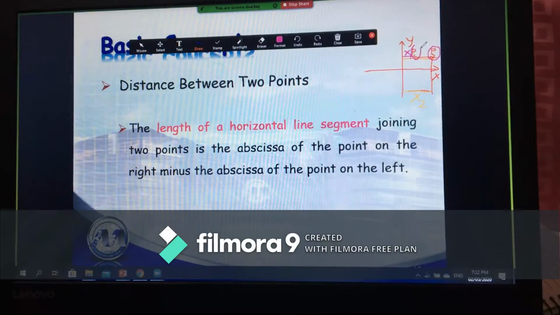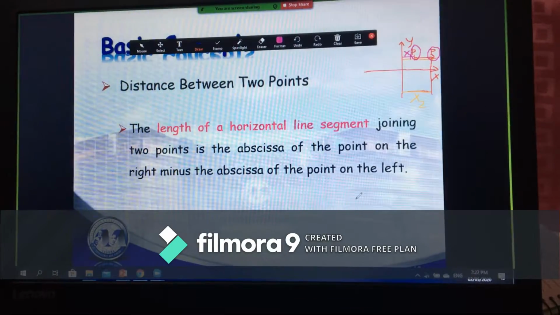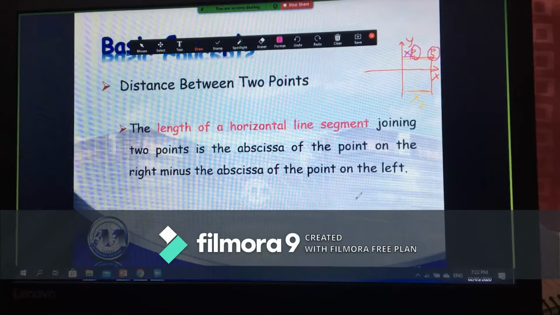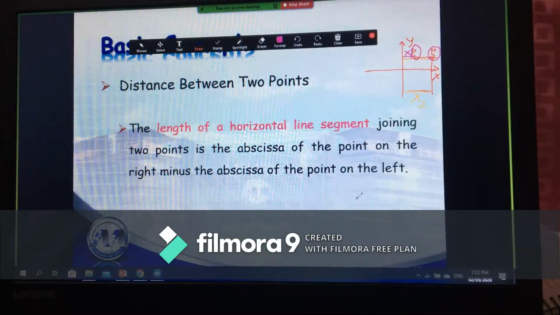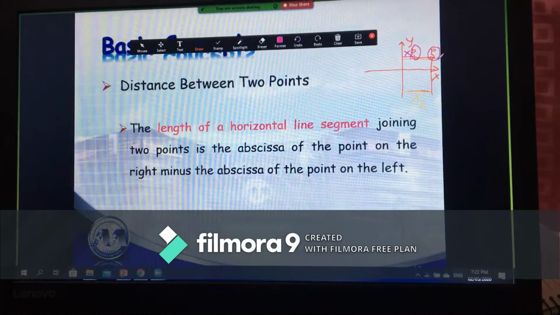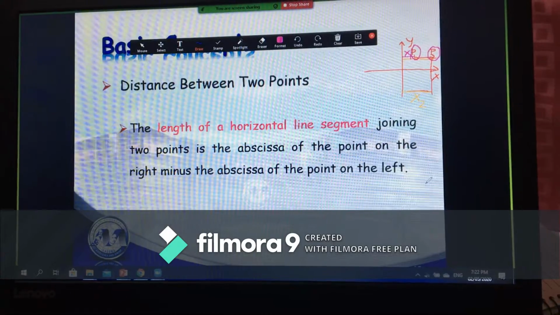Which one is on the right, class? Looking at point 1 and point 2, which point is on the right side, P1 or P2?